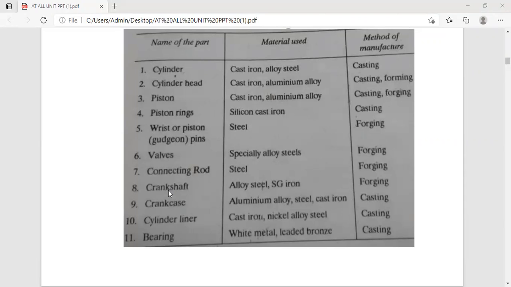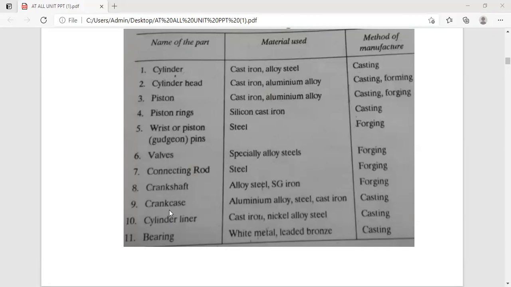Crank and crankshaft are steel forged and machined to a smooth finish. As we have discussed, the materials are alloy steel and SG iron, and we manufacture these with the forging method.